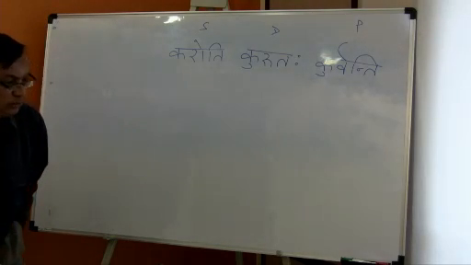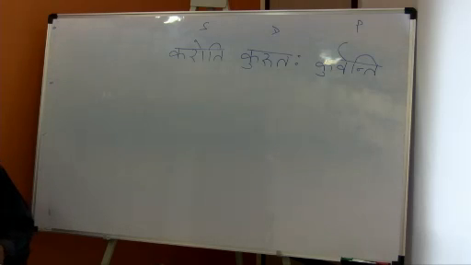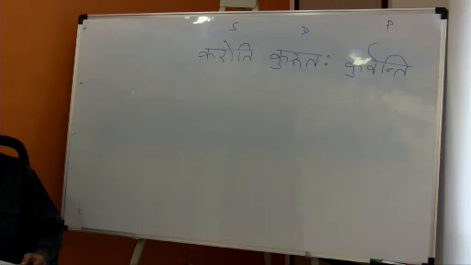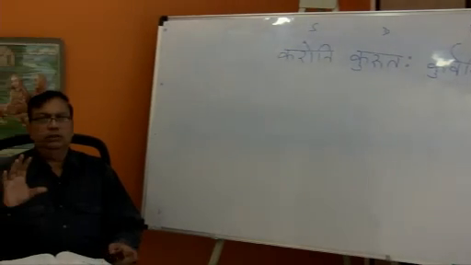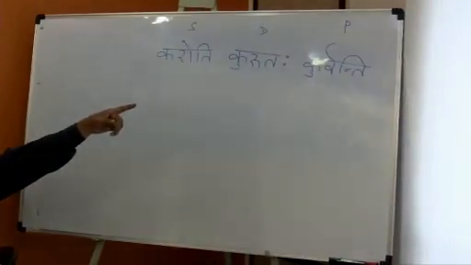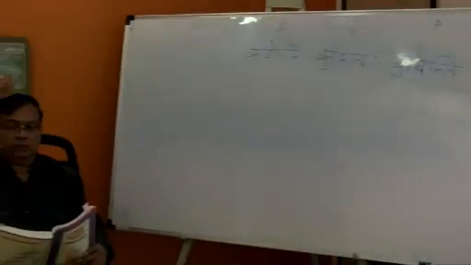Karoti, kurutaha, kurvanti. So far we have seen karoti, singular, does. Karoti is singular, kurutaha dual, kurvanti is plural. So now you match, and also in making the sentence, the number of the noun has to be watched.